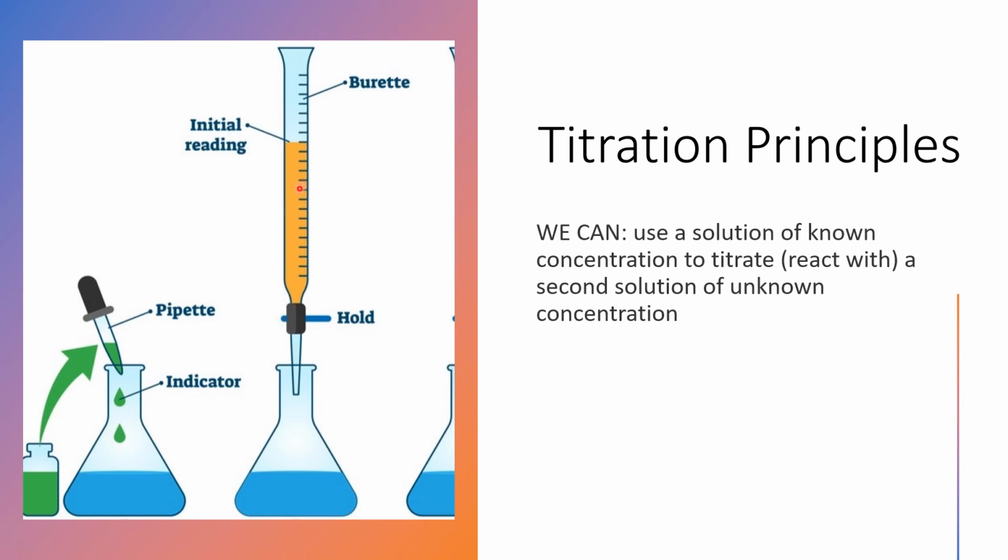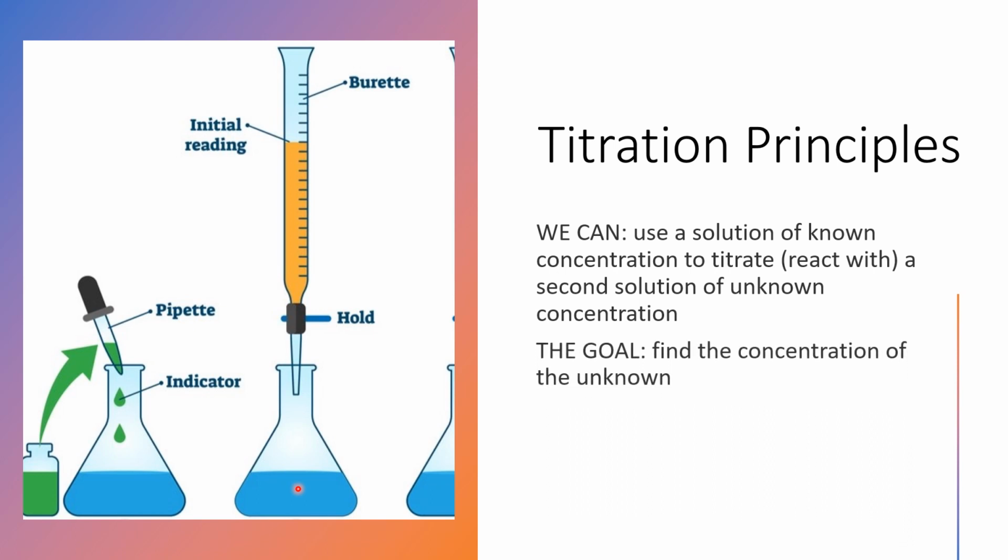So imagine in this burette here, you have a solution of known concentration. You let it go drop by drop into a solution of another chemical species, usually known as the analyte, and this is of unknown concentration.